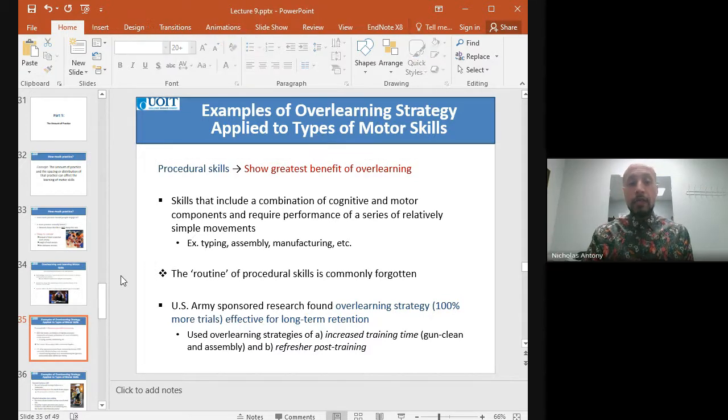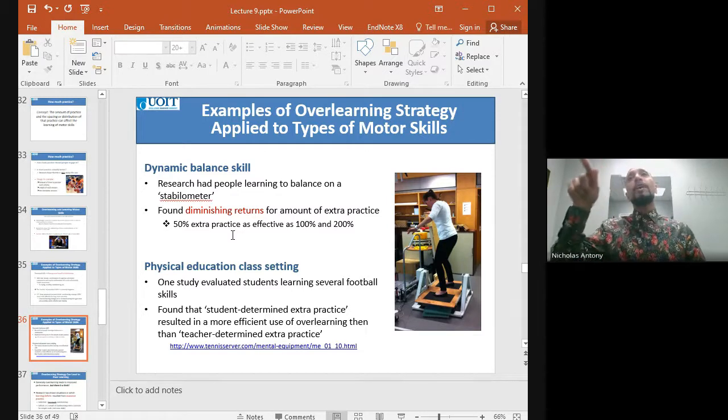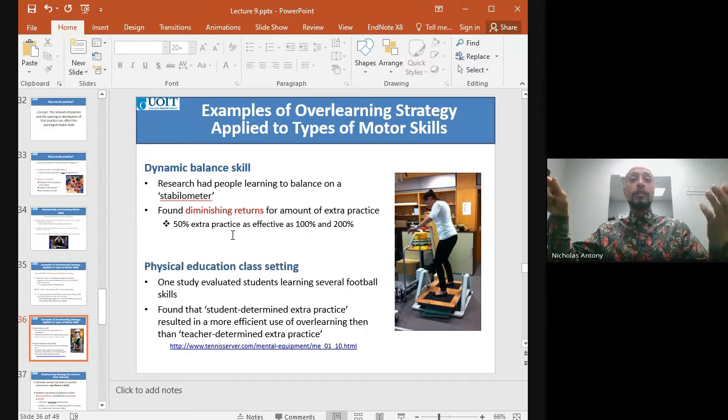But other studies have shown that there is a limit to overlearning, that too much learning is bad. How many of you have ever used the term, for that midterm, I overstudied? There's a point of diminishing returns, meaning there's a point where, if you overlearn, your performance or learning starts to decrease.